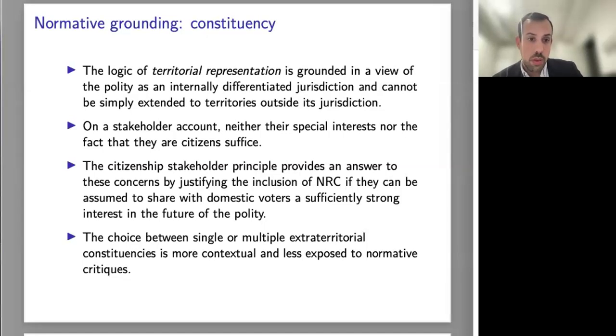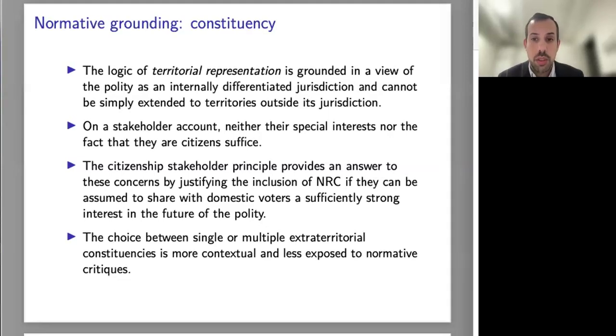The choice between single or multiple extraterritorial constituencies is more contextual and less exposed to normative critique, applying one of the contributions of the author Harrock, on democratic reasons why territorial subdivision promotes democratic values.